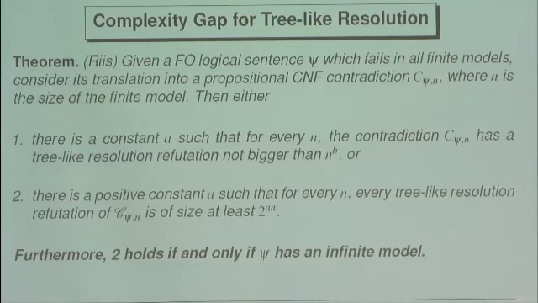And hence the name complexity gap. There is nothing between polynomial and fully exponential. You can never have things like 2 to the polylog n or exponential in square root of n, nothing. It's either very easy or very hard.